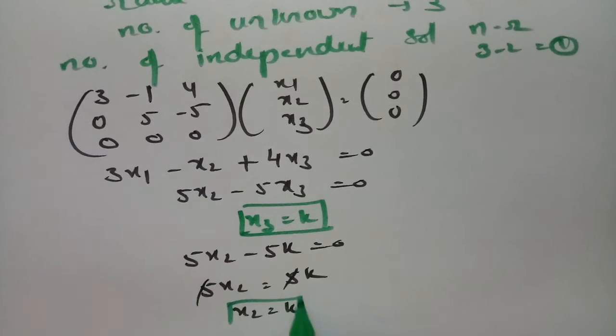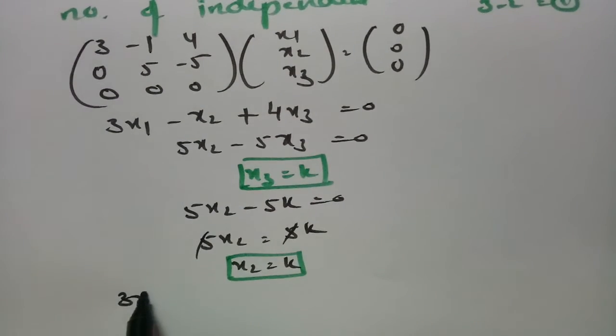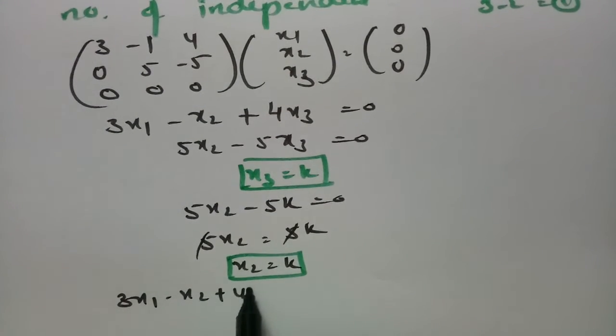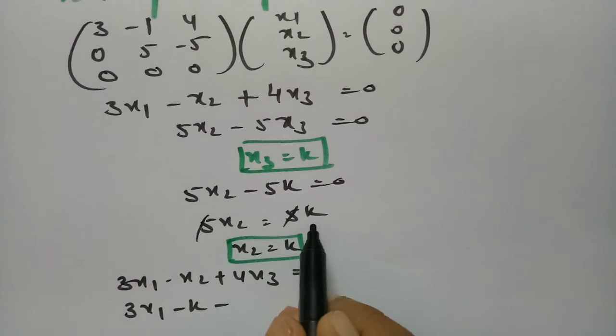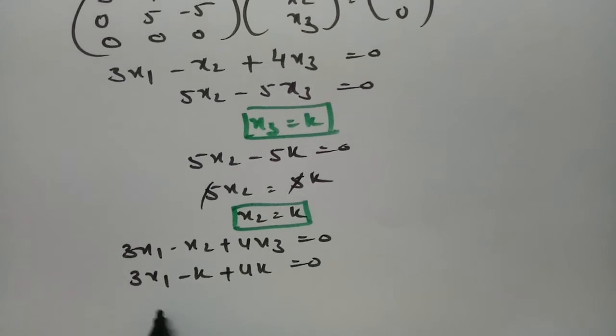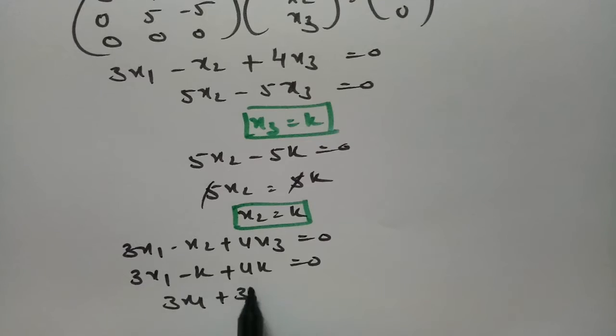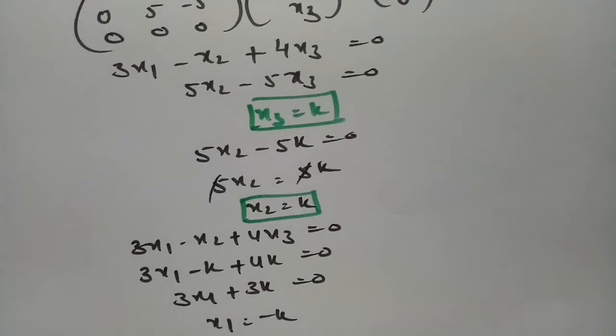Substituting both values in 3x1 minus x2 plus 4x3 is equal to 0: minus k plus 4k, so 3x1 plus 3k is equal to 0.